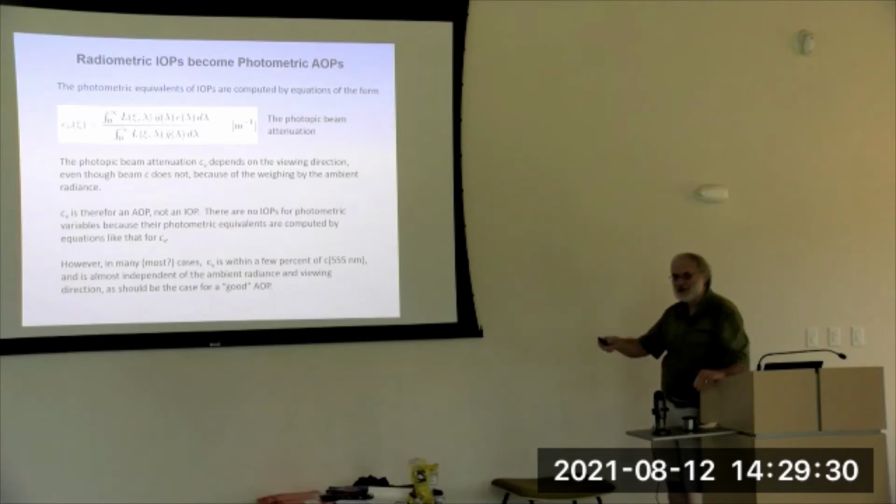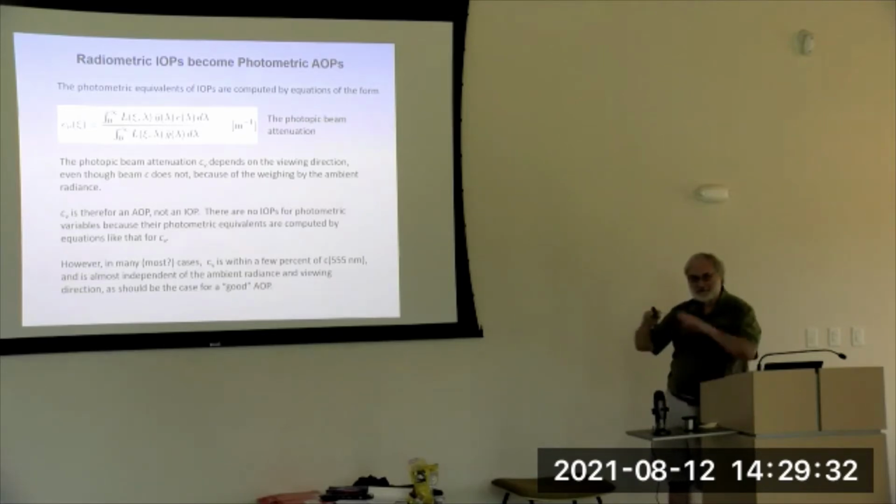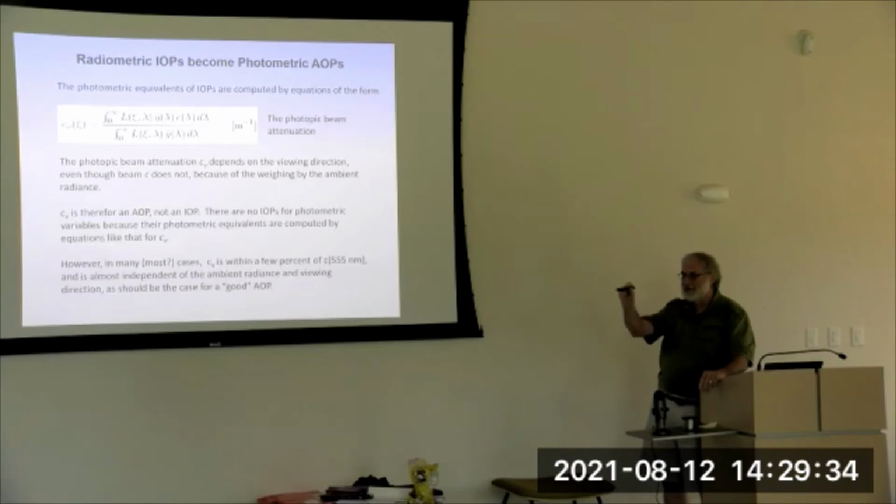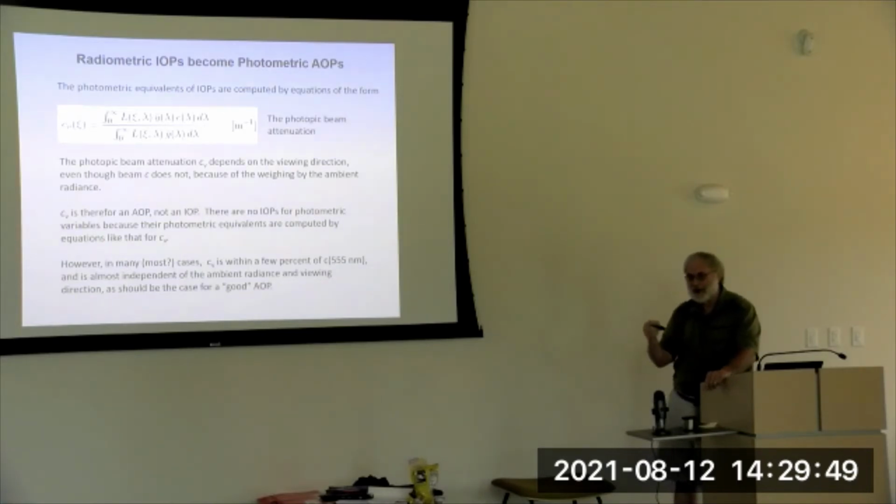If I'm in homogeneous water, not in the middle of a crystal or something, beam C measured this way is the same as it is measured this way. For the photopic equivalent, because it's got this radiance weighting, in theory, it will depend on whether I'm looking this way or this way. But in practice, it really doesn't make much difference.